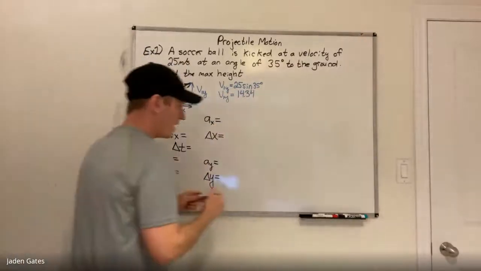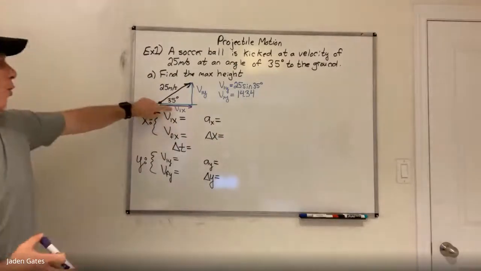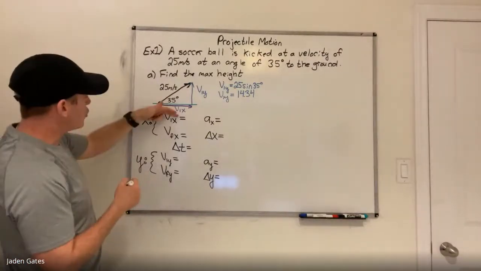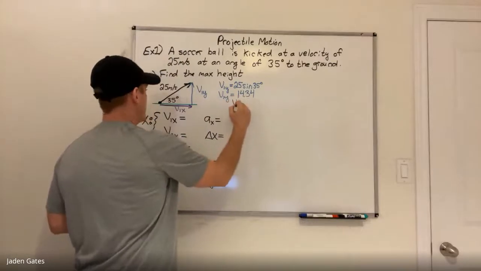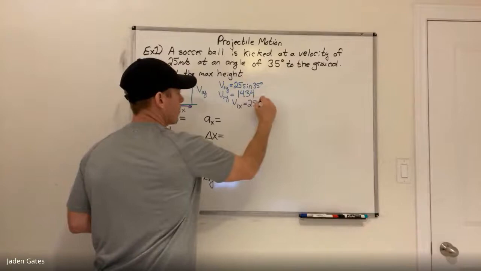Similarly, I'm going to find my initial horizontal velocity of my soccer ball, and it is adjacent to my 35-degree angle. So v1x is going to be the magnitude times cos 35 degrees.